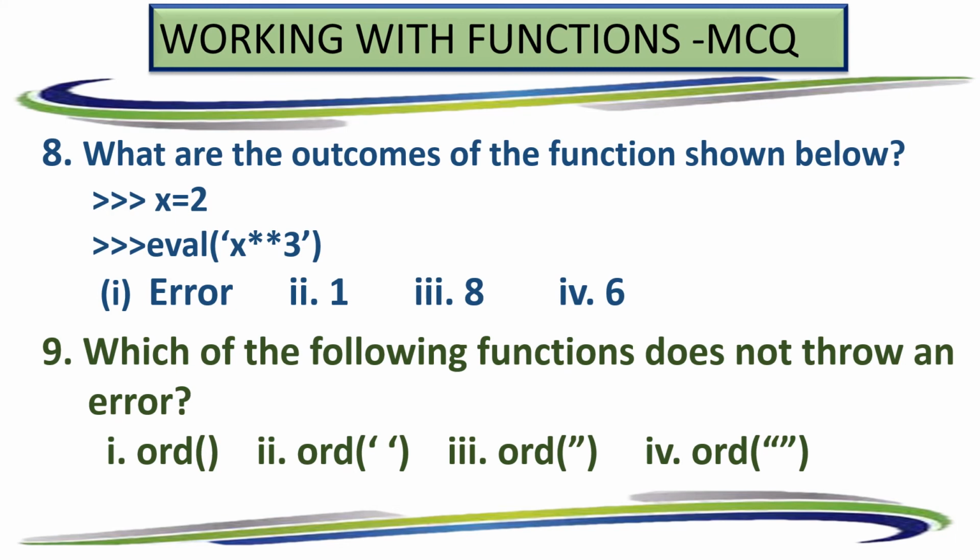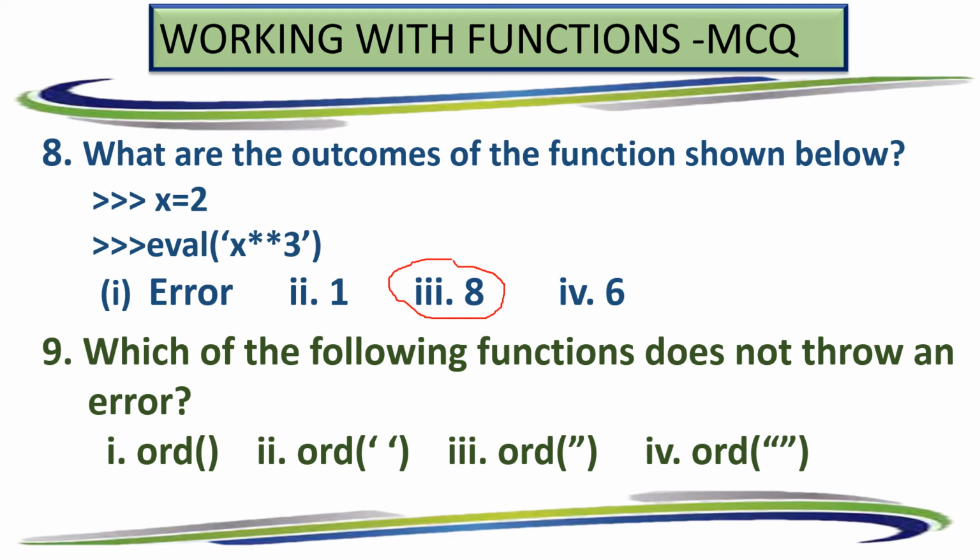What is the outcome of the function shown below? x equal to 2, eval(x**3). Here, in the place of x we put 2, so 2 into 2 into 2, that is 8. So here the answer is 8. 2 cube equals 8.